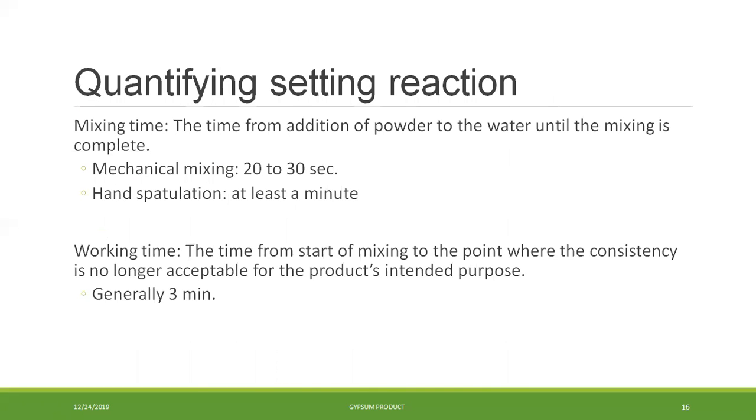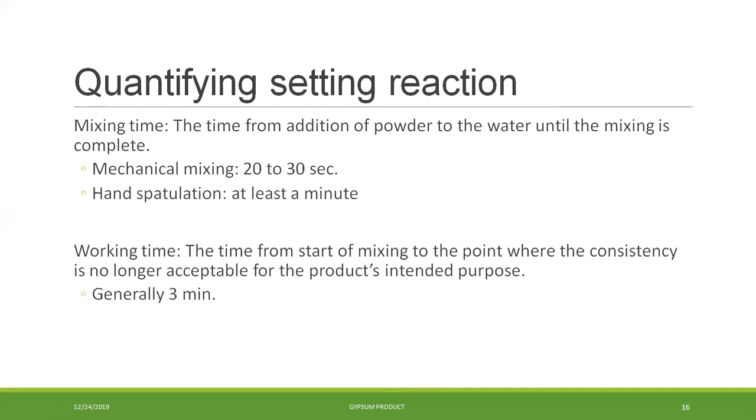as we all know, it depends upon the mixing time. Mixing time is the time from addition of powder to the water until the mix is complete. The moment we add the powder to the water, we have to start mixing, and mechanical mixing time is 20 to 30 seconds. After 20 to 30 seconds, there is formation of sol gel.